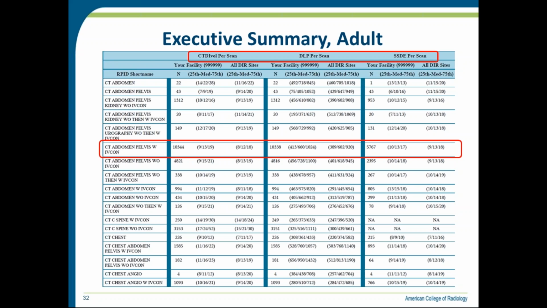The DIR median is 12, DIR 75th percentile is 18 milligray. At the same time, you can also compare the DLP of your facility with all the DIR values, and SSDE. So you don't need to go to another page, and it is convenient to see all of your dose indices for high volume exams and compare to the national level in one place.